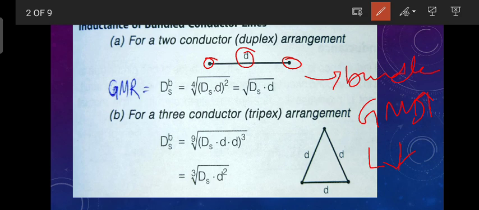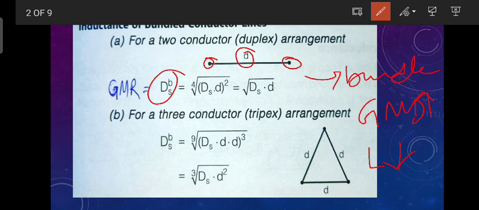Let's first see the GMR, that is geometric mean radius. GMR, DSB, is equal to the root of 4 Ds into d squared, that is equal to the root of Ds into d.